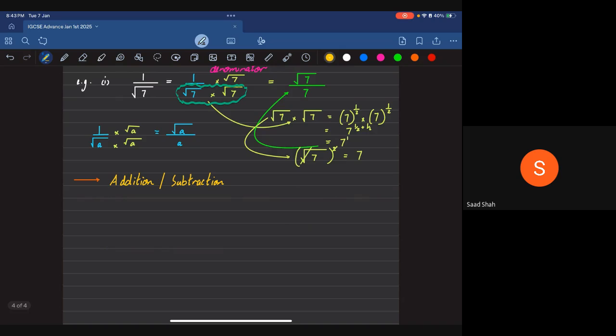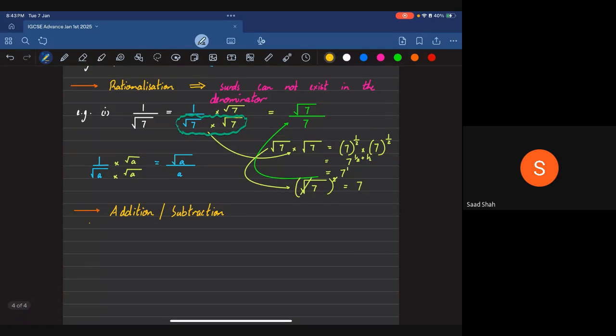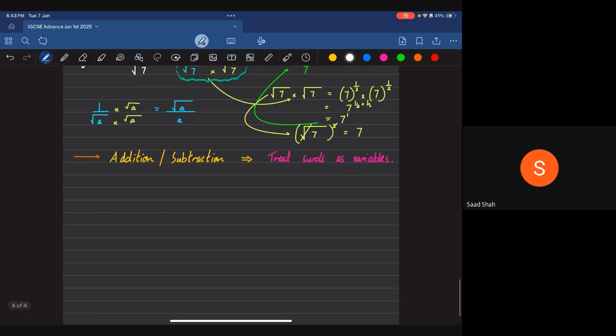Now, I always say one thing whenever we say how to add or subtract surds: treat surds as variables. What do I mean by that? Let's see. Consider an example.